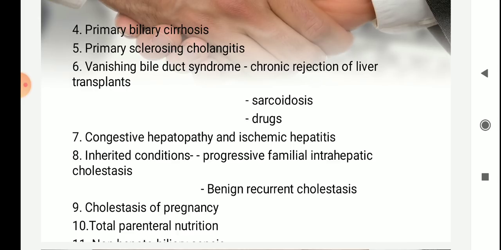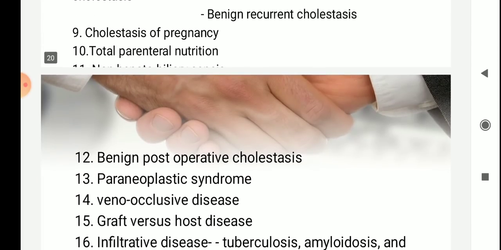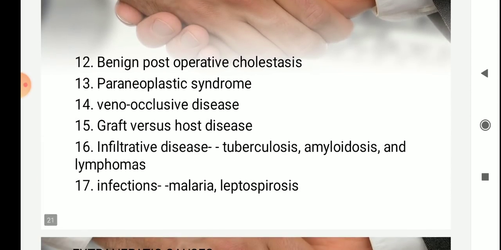So inherited conditions: progressive familial intrahepatic cholestasis, cholestasis of pregnancy, total parenteral nutrition in relation to, so all this contributes there. Benign post-operative cholestasis. So this cholestasis could be seen also in cases of benign post-operative conditions.